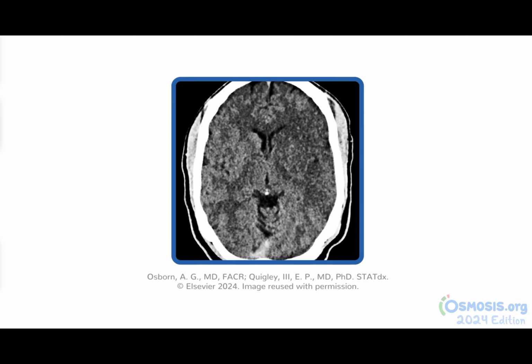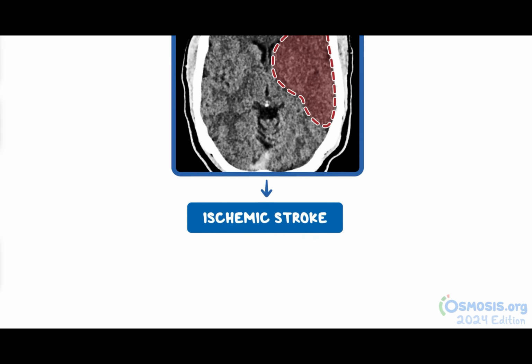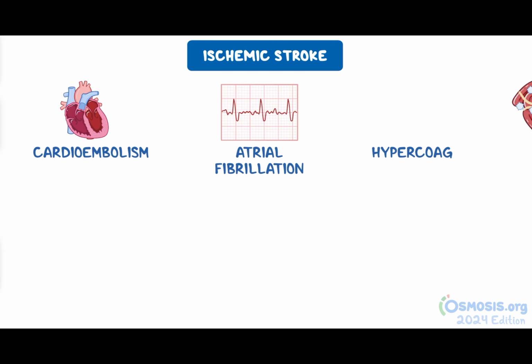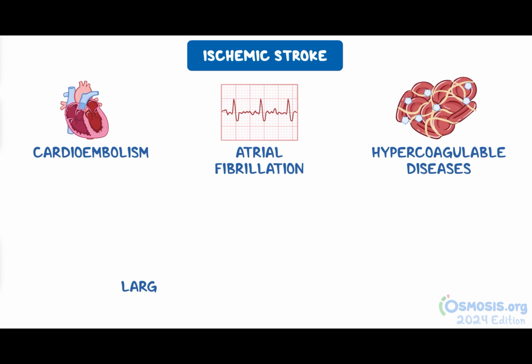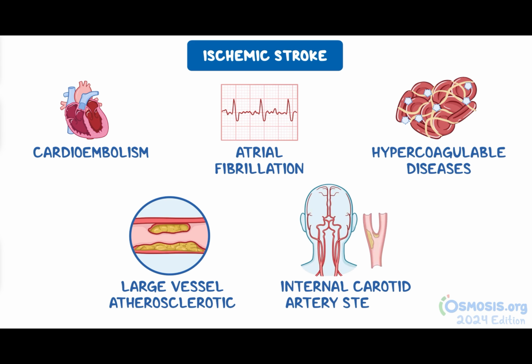On the other hand, if you identify an ischemic lesion, diagnose ischemic stroke. Ischemic stroke can be associated with cardioembolism, such as from atrial fibrillation, but also hypercoagulable diseases and large vessel atherosclerotic disease. Moreover, a major cause of ischemic stroke is internal carotid artery stenosis, which can result in severe occlusion of the blood flow and ischemic stroke.